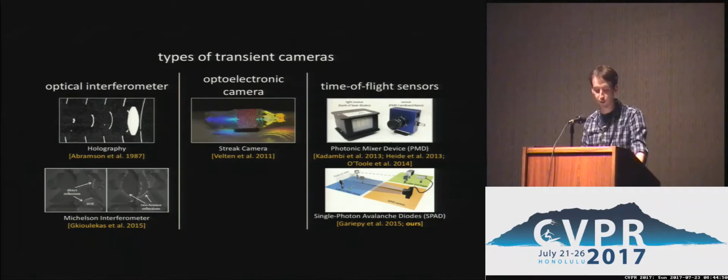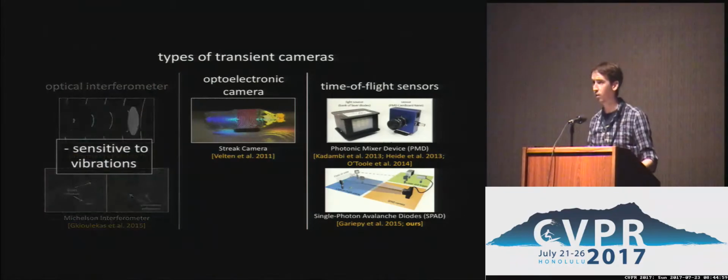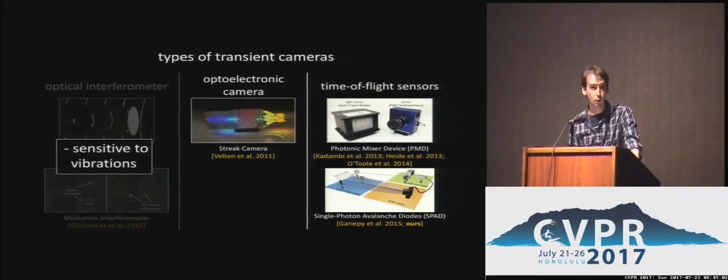And there are generally three different types of technologies for doing this. The first is to make use of optical interference, which is a technique that actually tends to be very sensitive to vibrations that occur within an environment. Another approach is to make use of devices known as streak cameras, which tend to be extremely bulky and expensive.